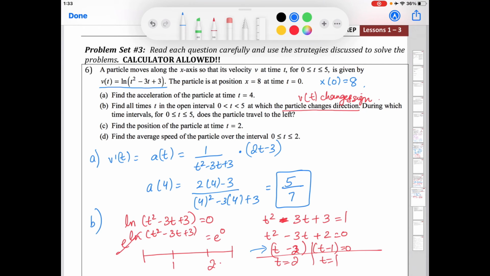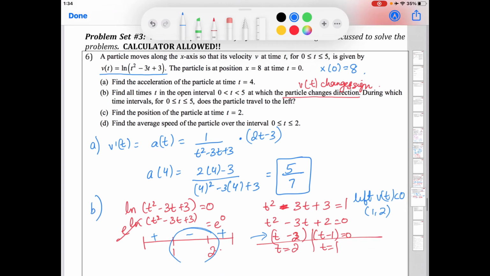If I take a half, a half minus 2 is a negative number, and a half minus 1 is also a negative number, so this would be positive here. If I take a number greater than 1, say 1.5, this would be negative and that would be positive, so this would be negative. So I have negative over this interval, meaning I'm going left when velocity is less than 0, which is the interval from 1 to 2.